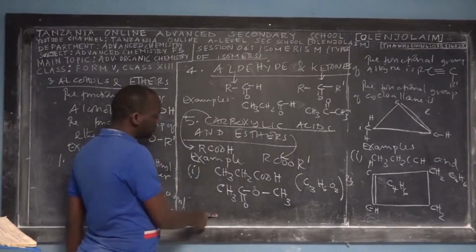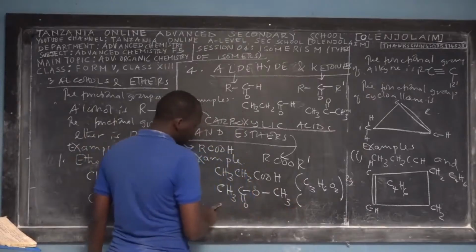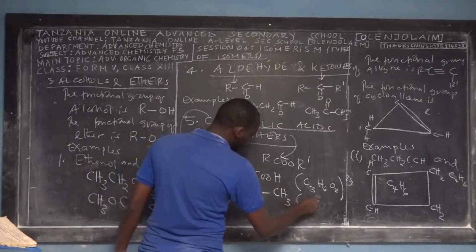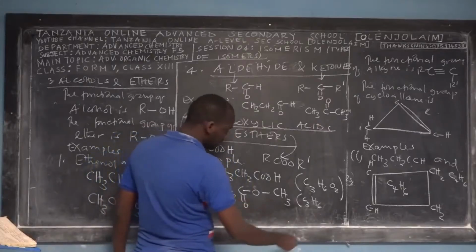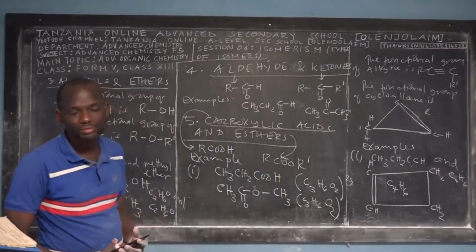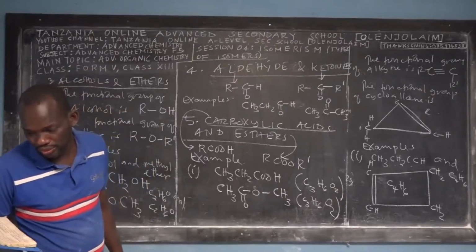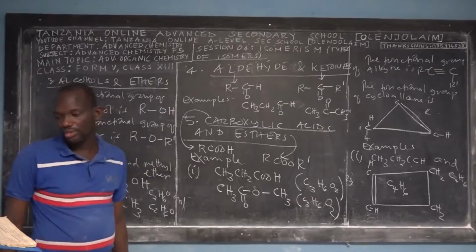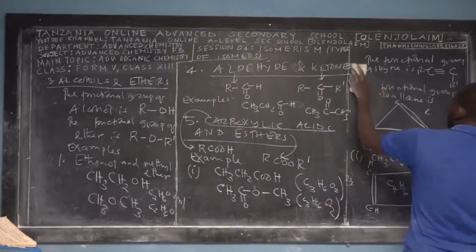While the molecular formula of this ester is also 3 carbons, 6 hydrogens, 2 oxygens. So those are the examples of functional structural isomers.